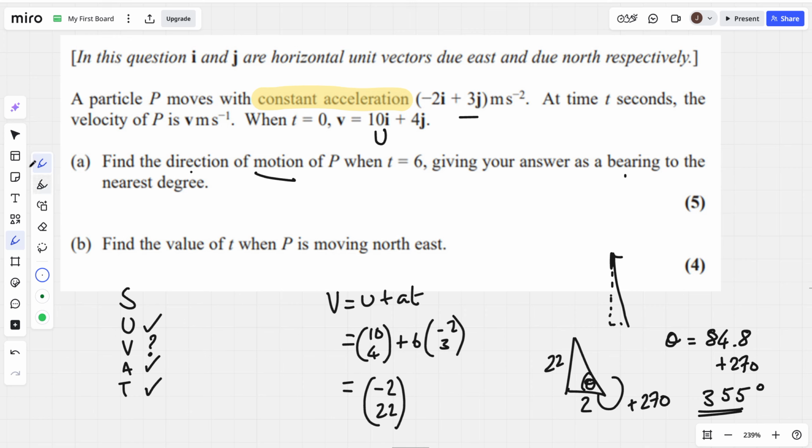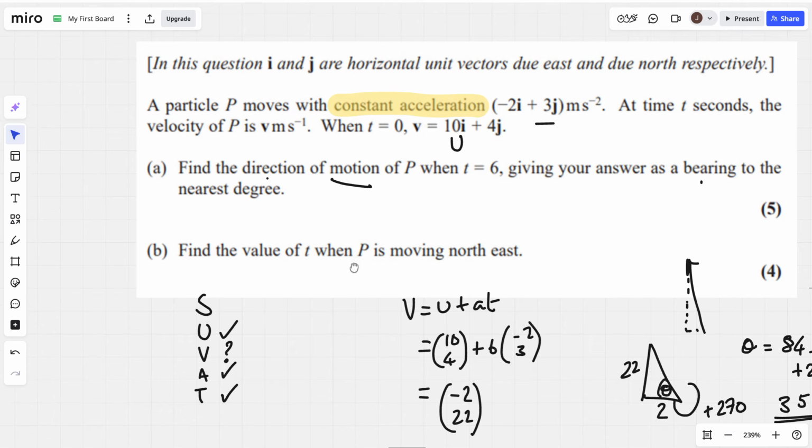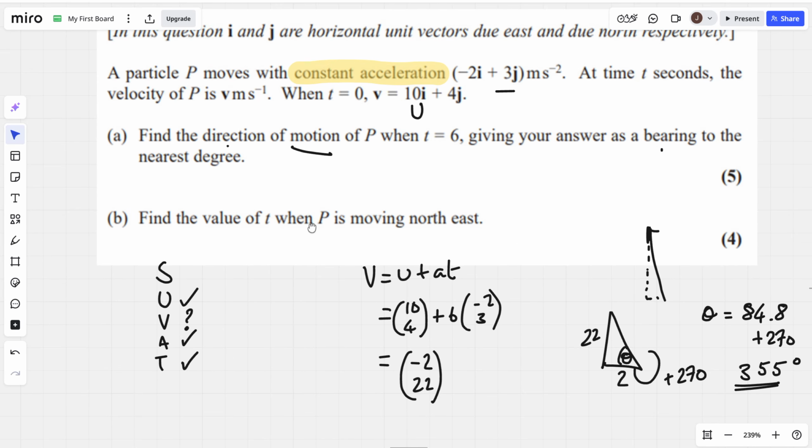That's all they want. Okay, find the value of t when we're moving northeast. Right, so let's do northeast next. What's the easiest way to do this? Okay, so moving is a key word. It doesn't mean when it is northeast, it means when it's moving northeast.